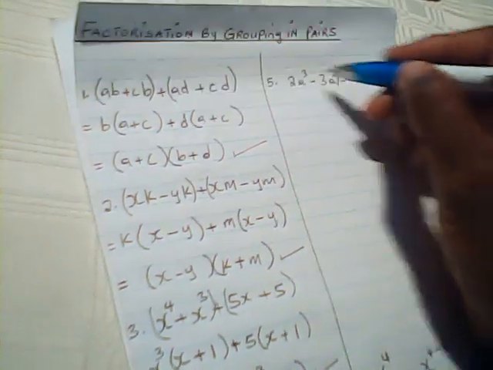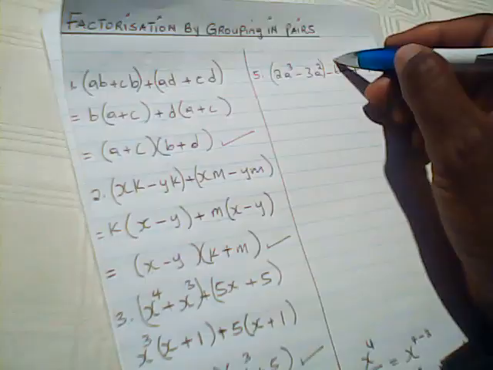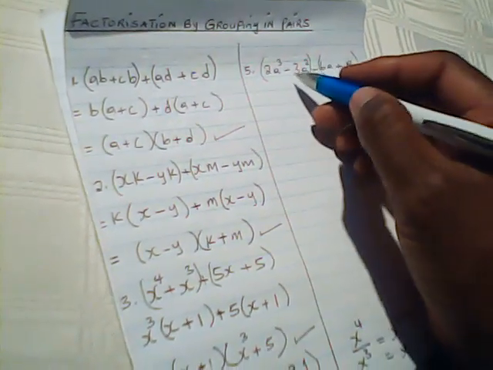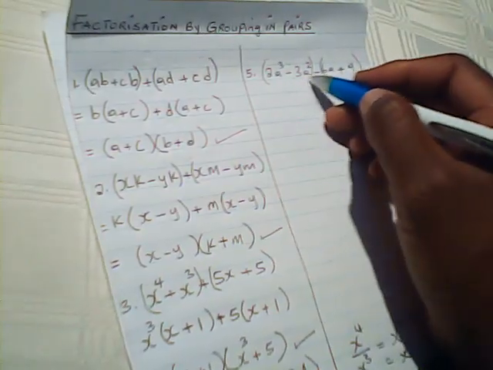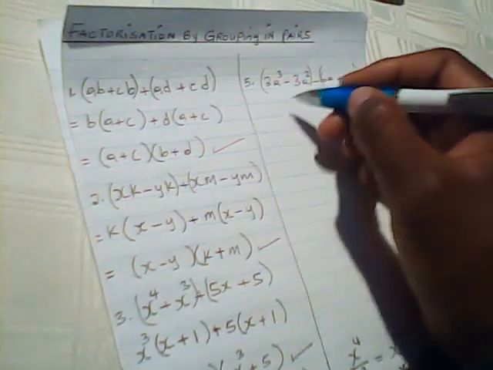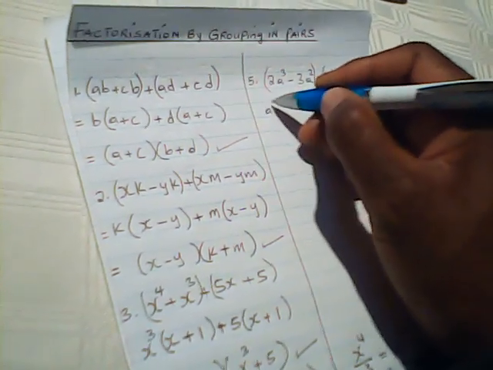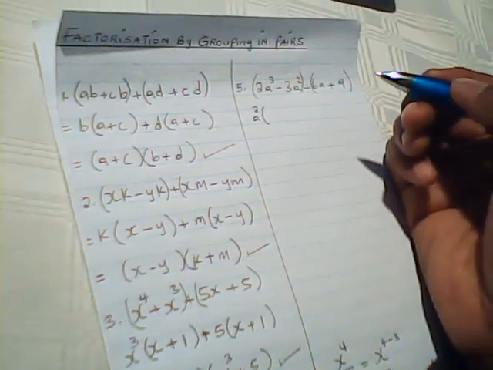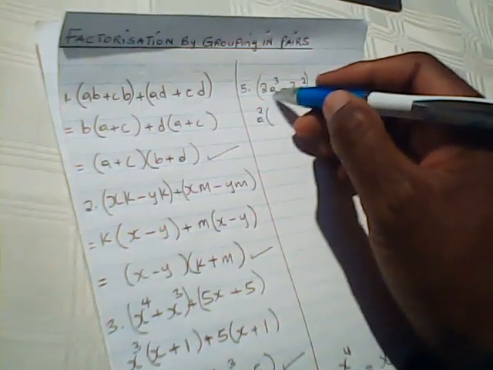We are going to group them because they are 4 terms. What is common here is a squared. Then what are we left with?